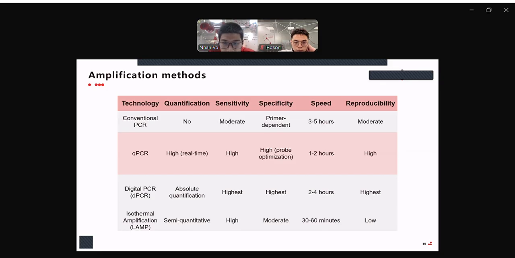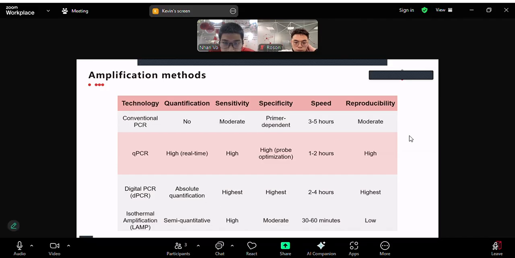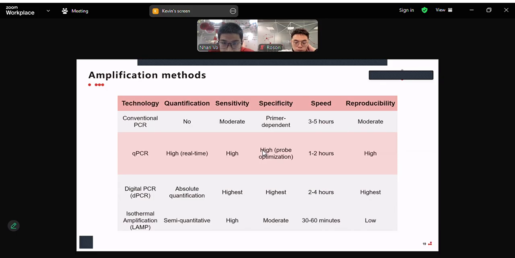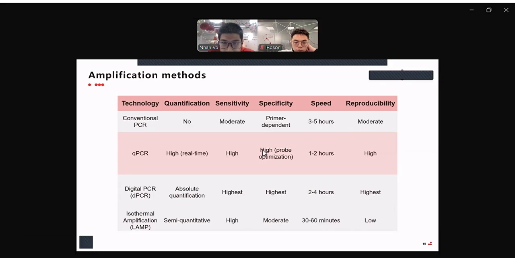And what do we say about a PCR machine? A good product must have a balance of sensitivity and specificity, because if the sensitivity is too high, the specificity might get lower.